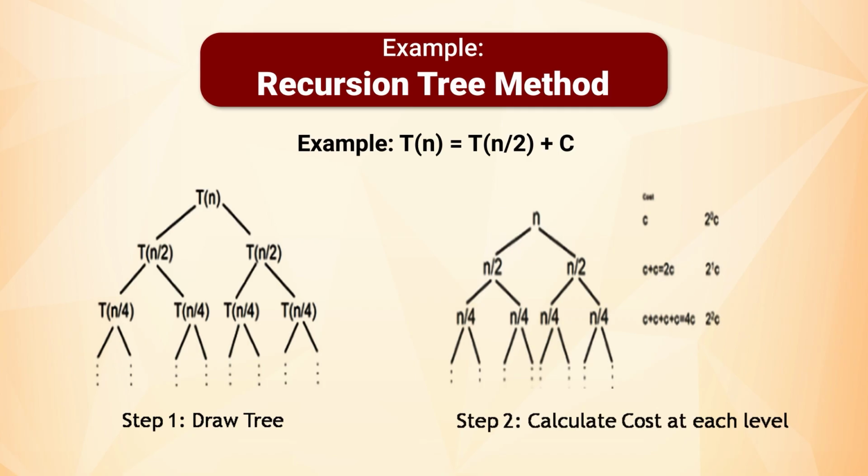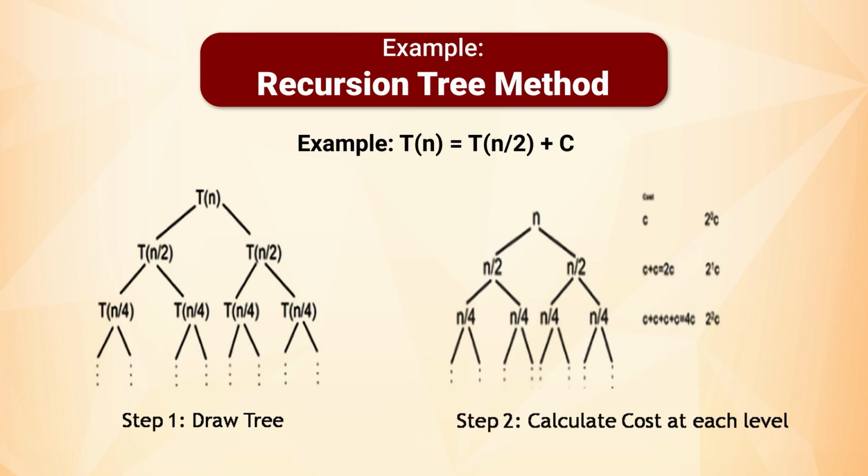So, 2 halves means C plus C, that is 2 C, and we can write 2 to the power 1 into C. Again n by 2 will be divided into 2 halves, that is n by 4, and at every n by 2 the cost associated is C. So, how many n by 4 are there? 4 n by 4 are there. So, 4 C's are there, 2 to the power 2 into C.